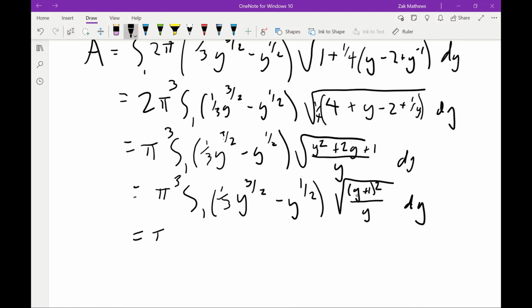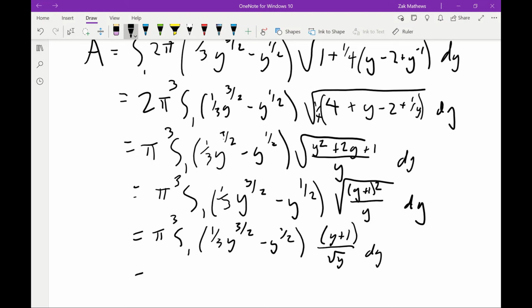So we have pi, the integral from 1 to 3, 1/3 y to the 3/2 minus y to the 1/2, times the numerator y plus 1 over the square root of y, dy. And keep in mind these y to the 3/2 are just square roots, and the square root of y is just y to the 1/2.